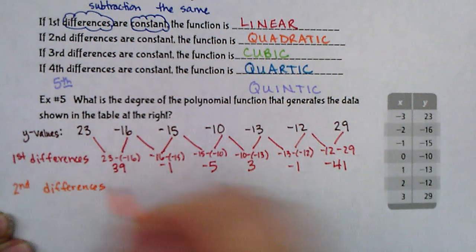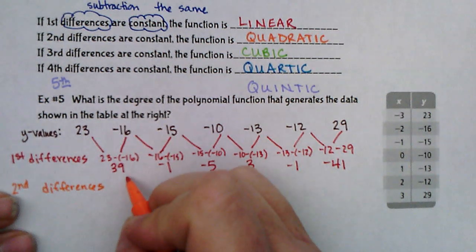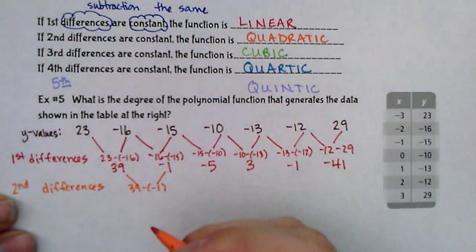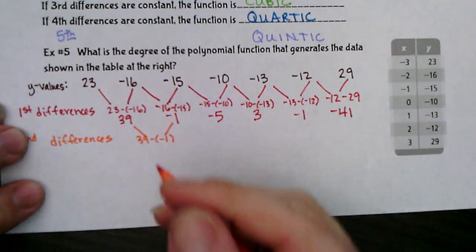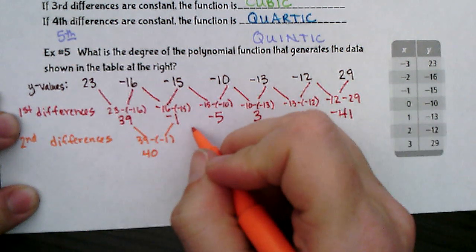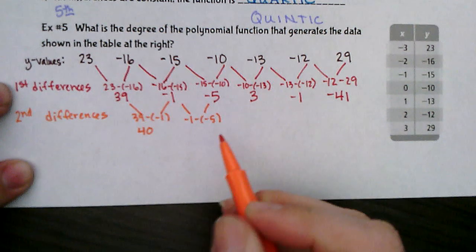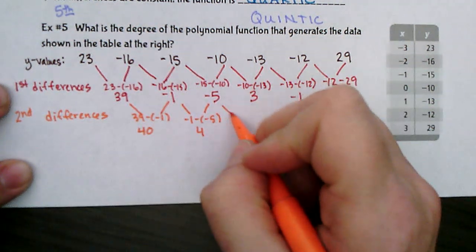And we're going to do exactly what we just did, except we're using these numbers now. So 39 minus negative 1 makes 39 plus 1, so that is 40. And then negative 1 minus negative 5, so negative 1 plus 5, which makes 4.